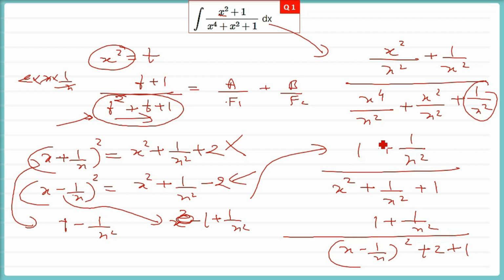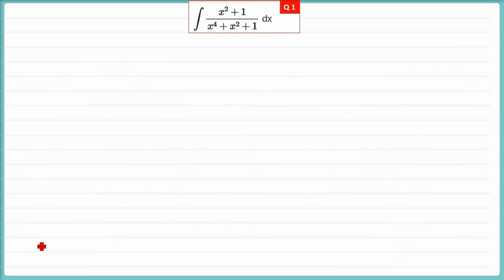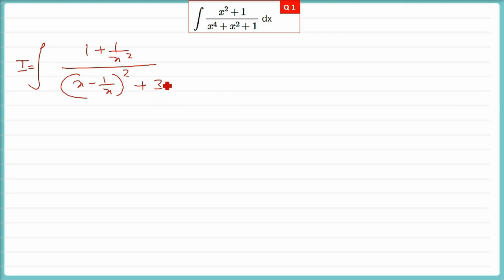Why we have done all this, you have understood now. That is, we are going to integrate with x square being divided and various aspects taken into consideration. 1 plus 1 by x square in the numerator and x minus 1 by x whole square plus 3. So x minus 1 by x can be taken as t now. So when we differentiate it, dt by dx will give you 1 plus 1 by x square, which we wanted in the numerator, which is already there.